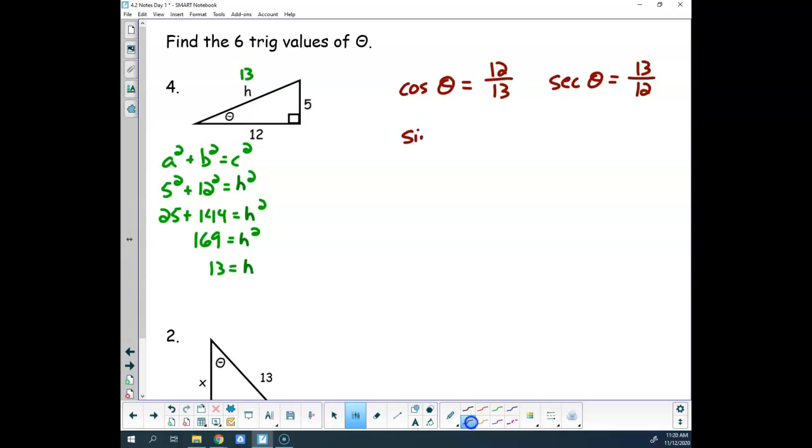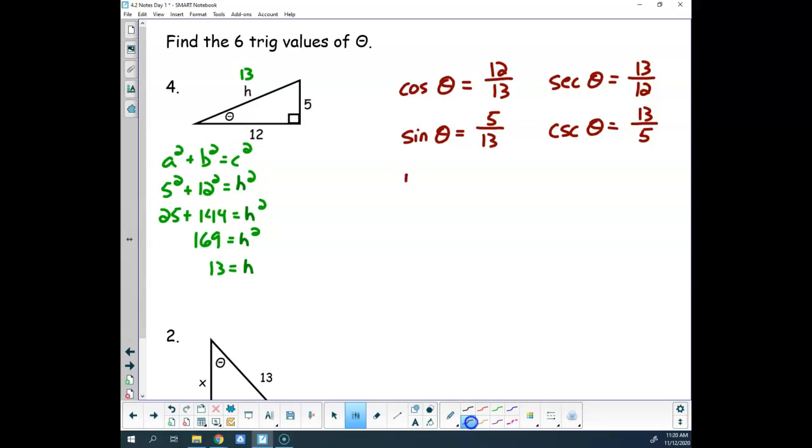The sine of theta is going to be the opposite side over the hypotenuse, which means then that the cosecant would be 13/5.